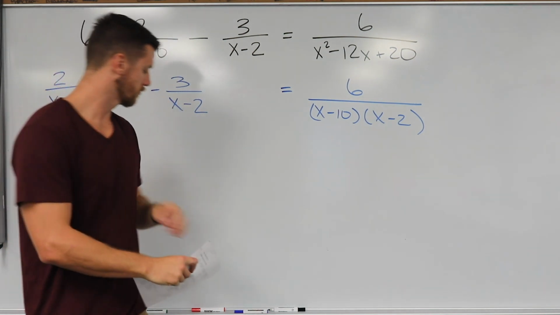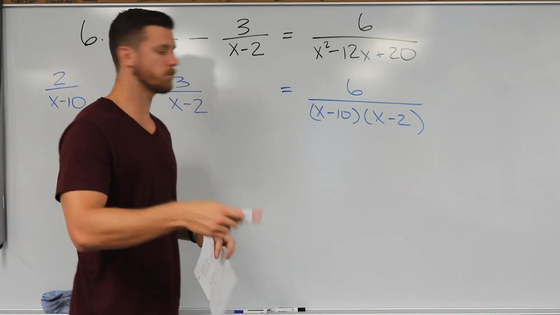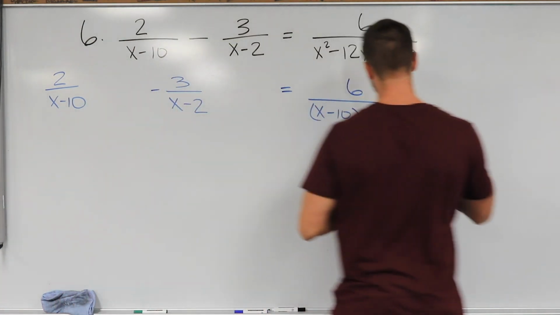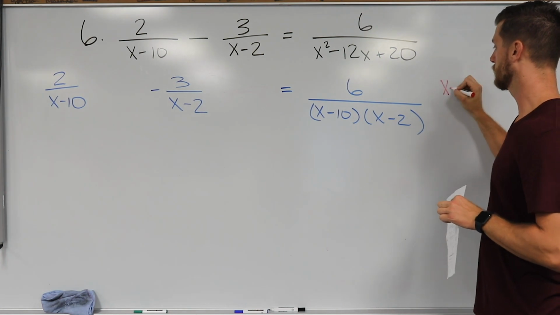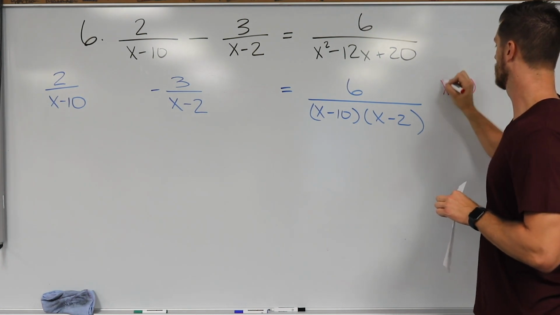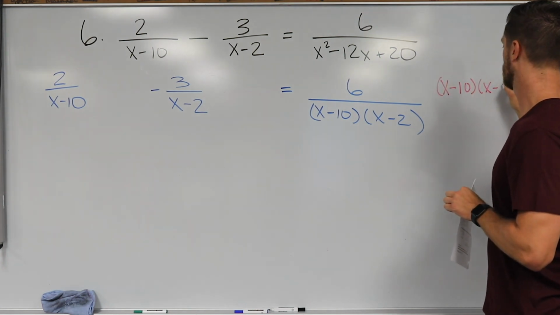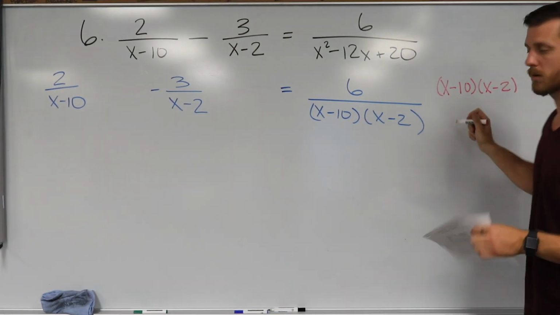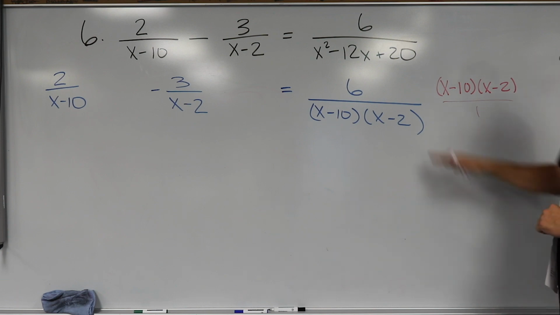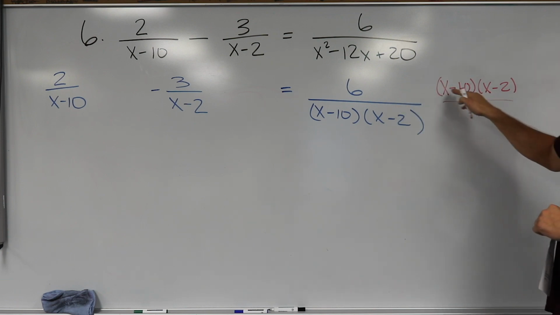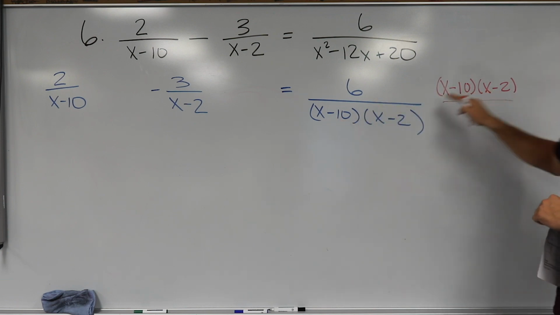Well, couldn't I multiply the numerator, just the numerator, by x minus 10? Because technically, if you want to be more specific, it's over 1. So what happens? The x minus 10s cancel, the x minus 2s cancel.